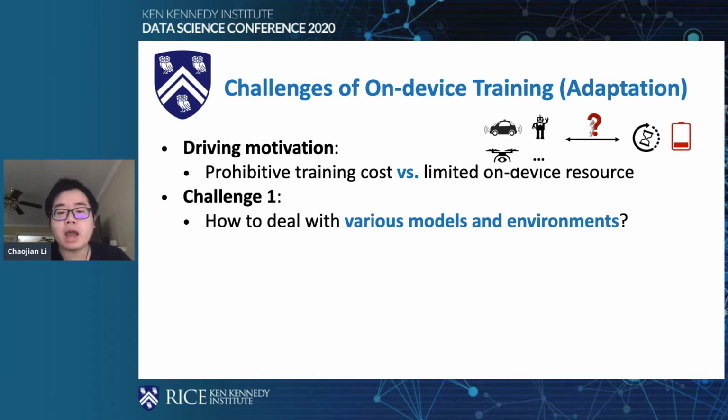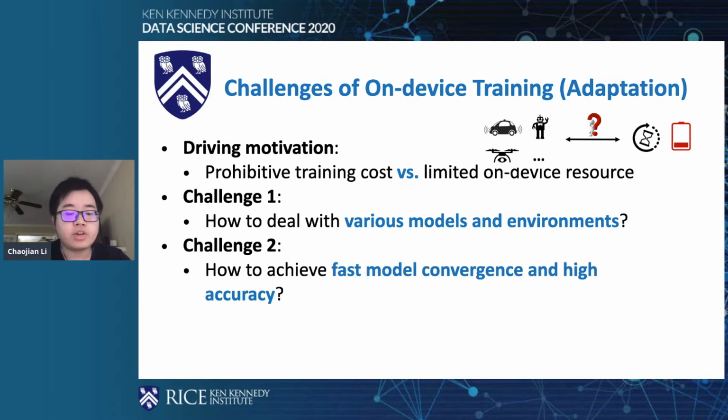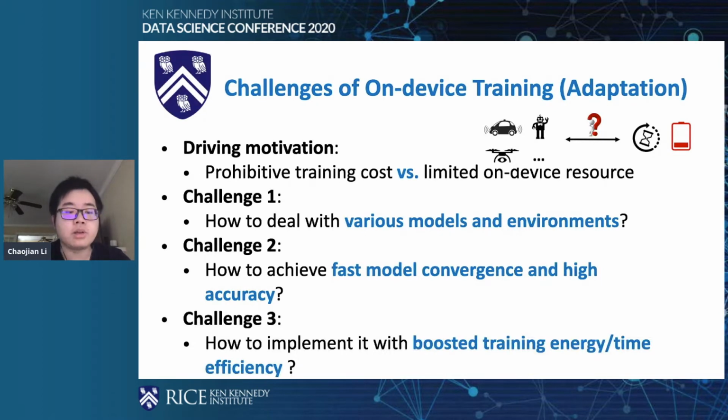That means I only have one optimizer, but I want to deal with all the models and all the environments. Challenge two is how to achieve faster model convergence and high accuracy, given that limited data is available or can be stored in IoT devices. And challenge three is how to implement it with much boosted training energy or time efficiency for possibly wide adoption.